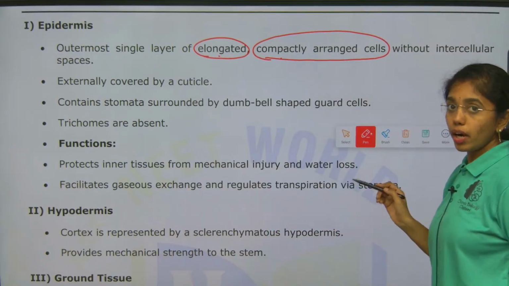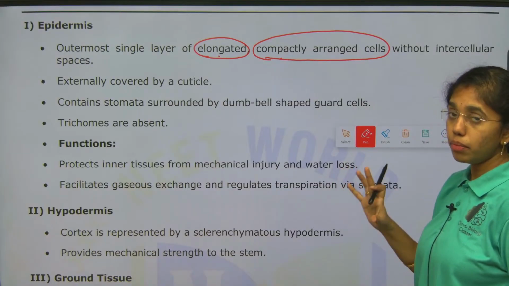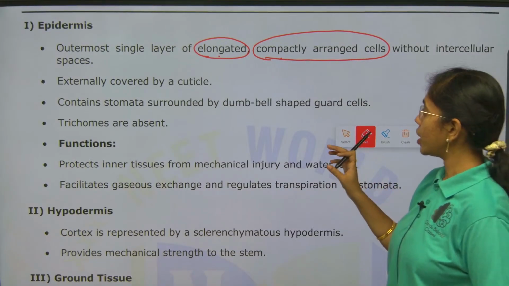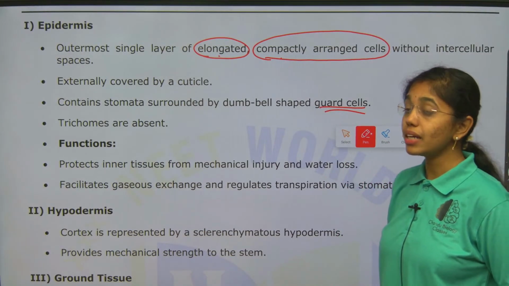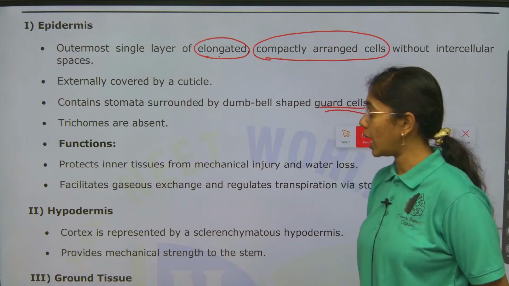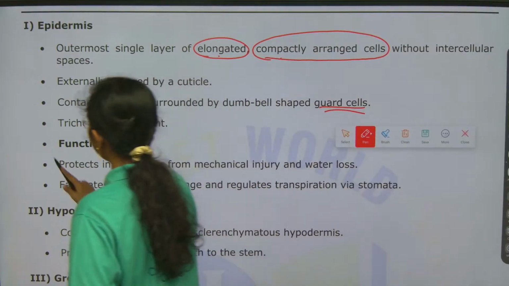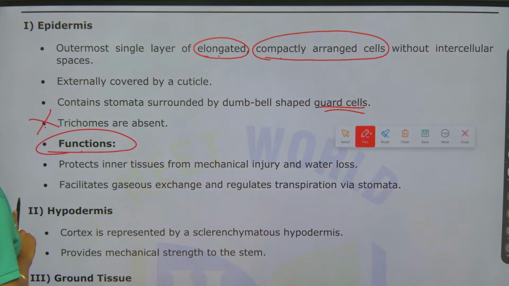Externally, they are covered by cuticle, and this contains stomata surrounded by dumbbell shaped guard cells, because stomata in monocots have dumbbell shaped guard cells. Stomata in dicots have bean shaped guard cells. And trichomes are absent over here. Epidermis protects inner tissues from mechanical injuries and water loss, facilitates gaseous exchange and regulates transpiration via stomata.